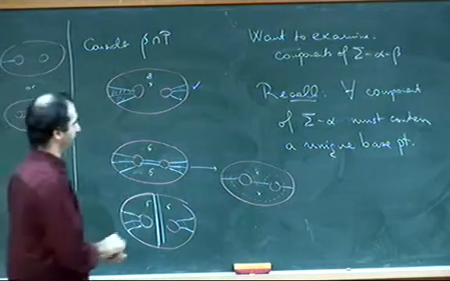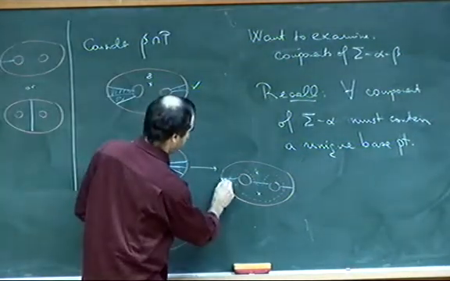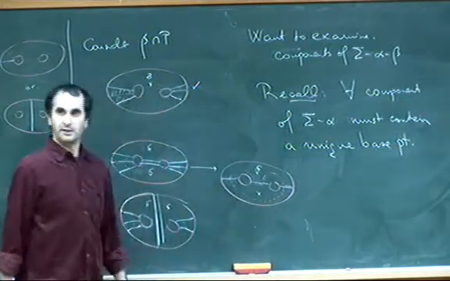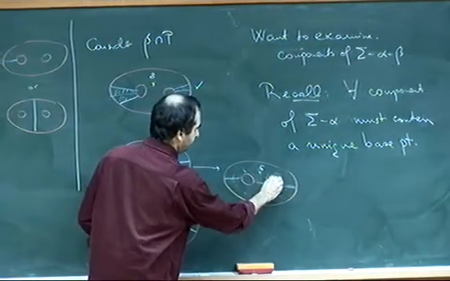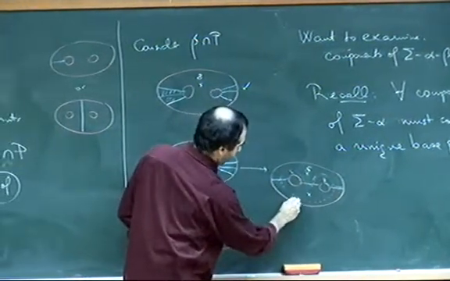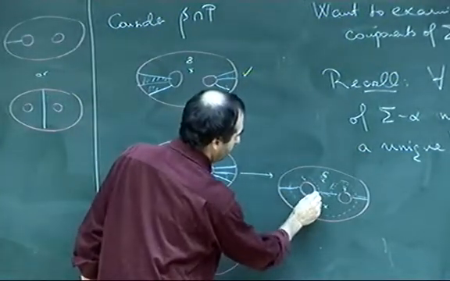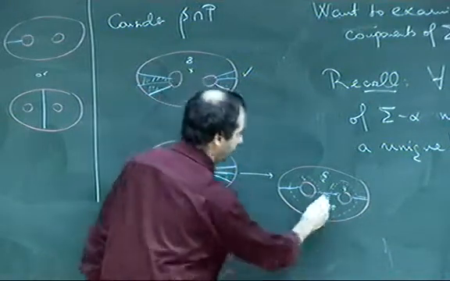Let's see how the domains look. This is still 1, 2, 3, 4, 5, 6. This is still a 6gon. This is a rectangle. This is a rectangle. This outer guy is also a rectangle. There is another 6gon. 1, 2, 3, 4, 5, 6, 7, 8. That's an 8gon. And there is a bigon.